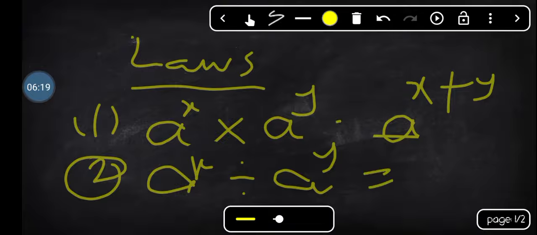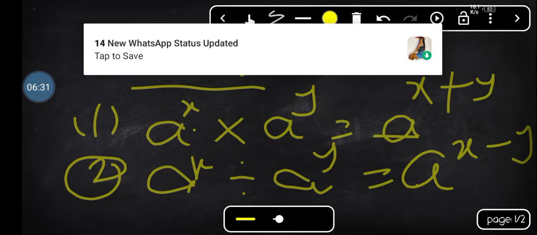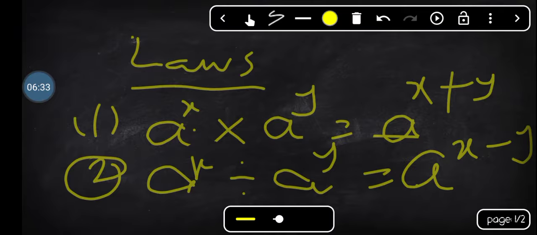Because of division, it's going to give me a raised to power x minus y. So one thing you have to take note of is that a raised to power x times a raised to power y gives a raised to power x plus y, but when it comes to division, it will attract minus: a raised to power x minus y. That is very good.